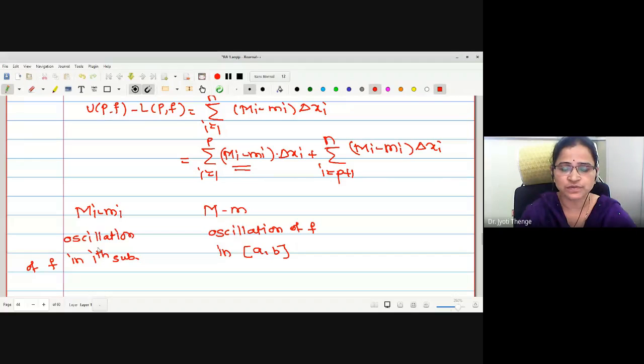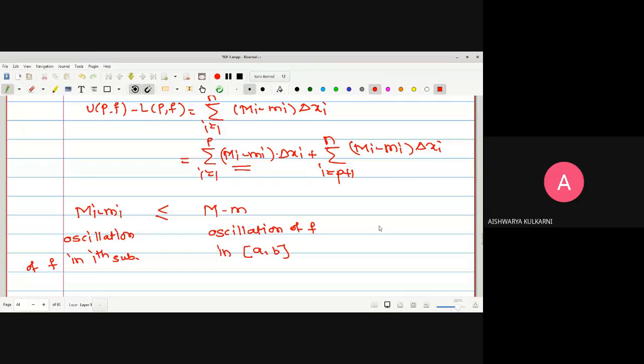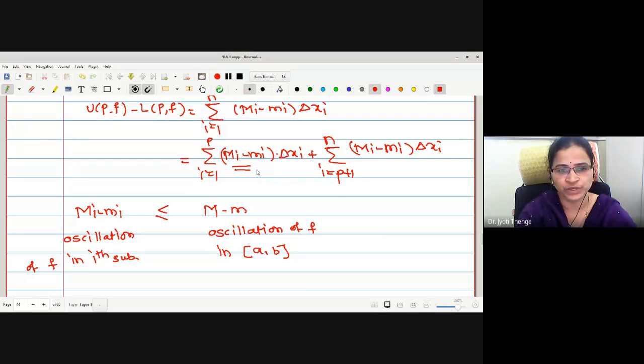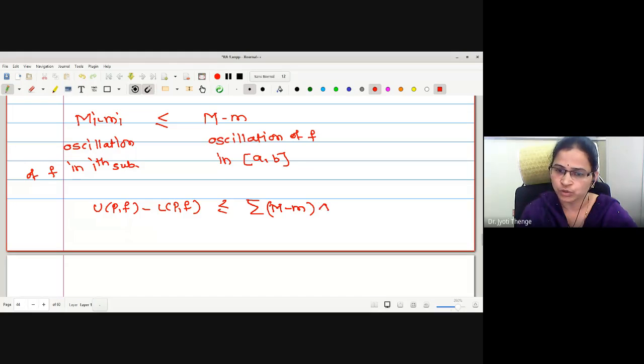That's why the oscillation of the function in the ith subinterval must be less equal to capital M minus small m. Is anyone having a doubt on this? No, ma'am. Good. Therefore, let me substitute the value in the above statement. UPF minus LPF, may I say it is less equal to summation capital M minus small m into delta xi, i running from 1 to p.